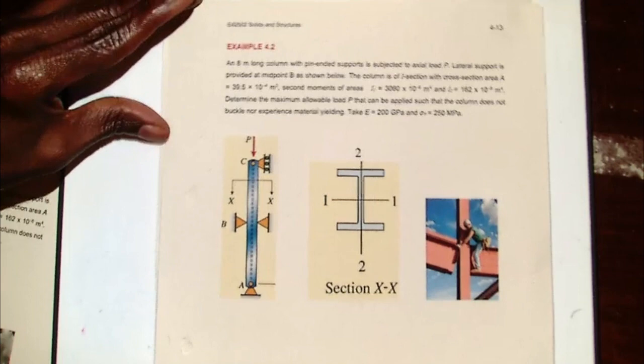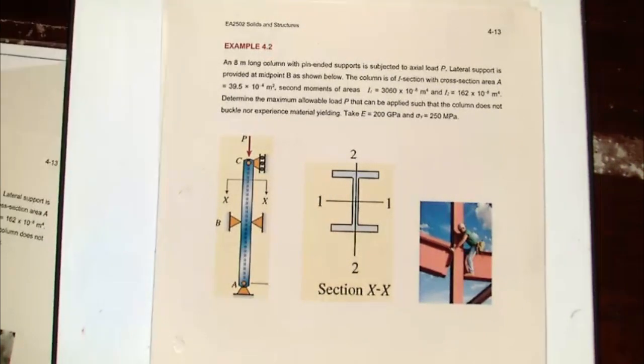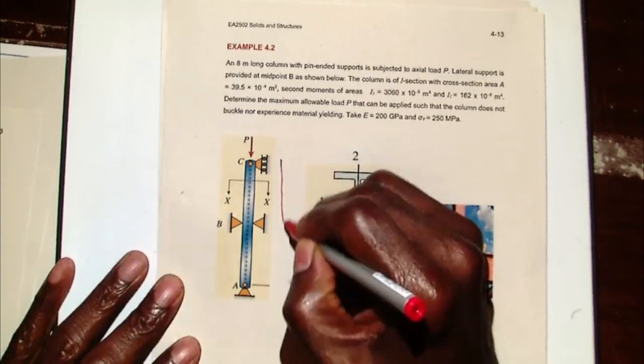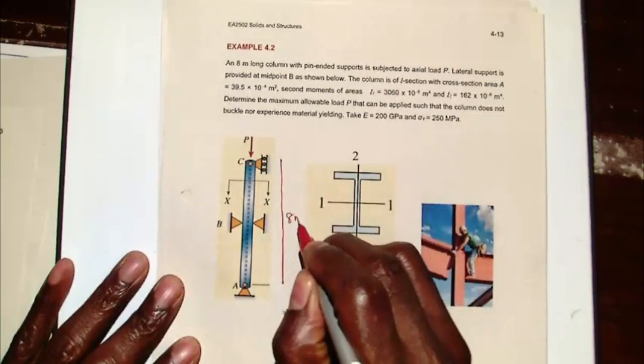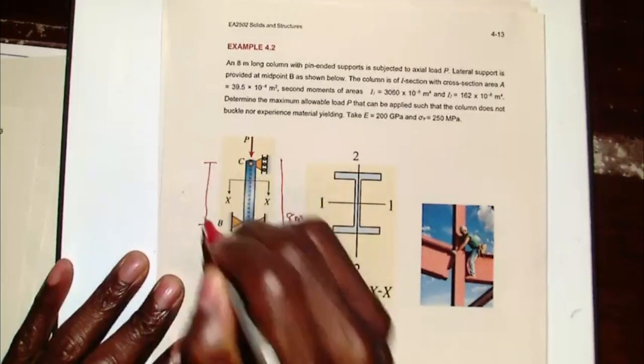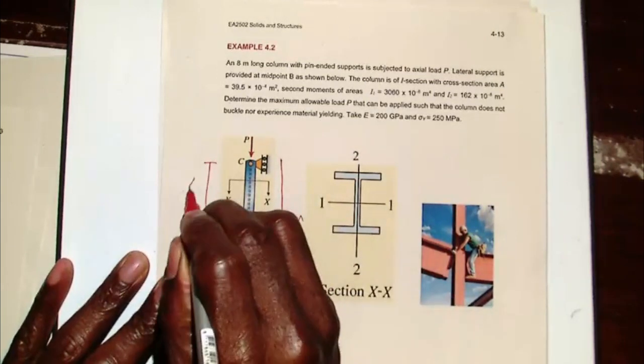Right, so the second one is slightly different, but it's also an I-beam. It's got a length of 8 meters, but it's also got some support. So that length there is 8 meters. It's got support halfway through, which is 4 meters long.